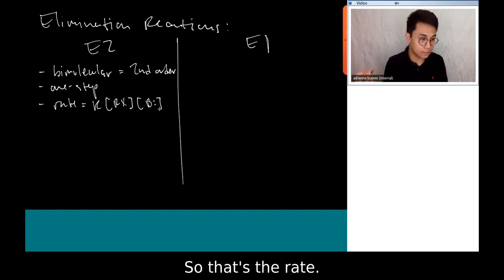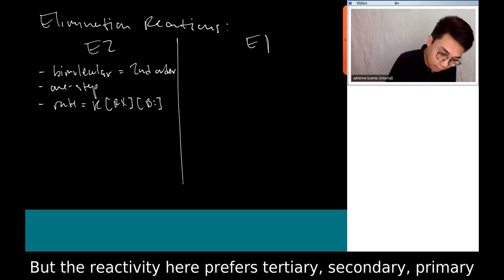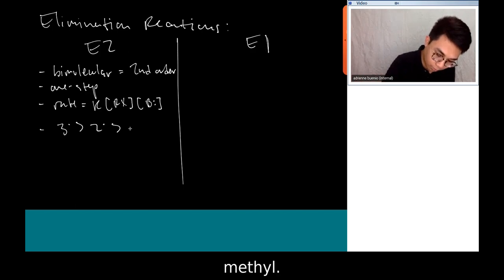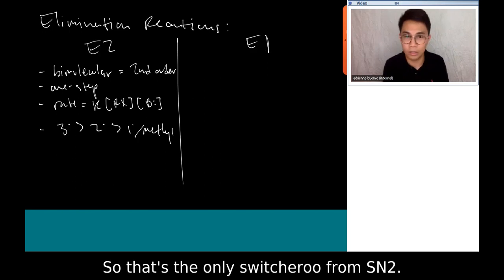Base, right? So that's the rate. And now, transition states, things like that. But the reactivity here prefers tertiary, secondary, primary, methyl, right? So tertiary is the big one here.